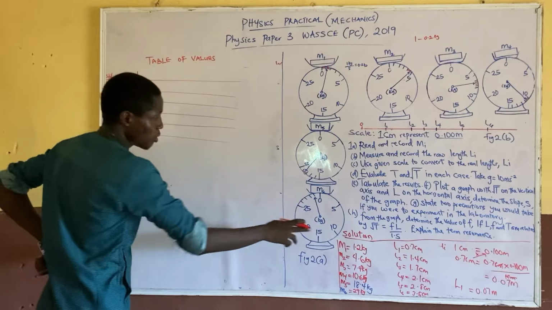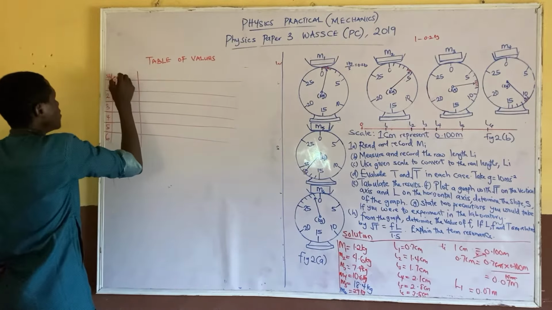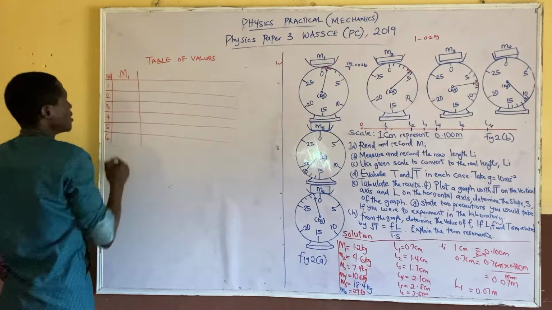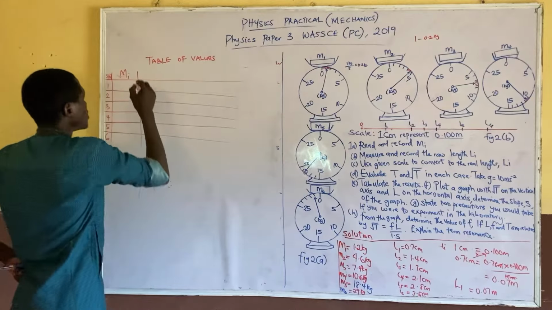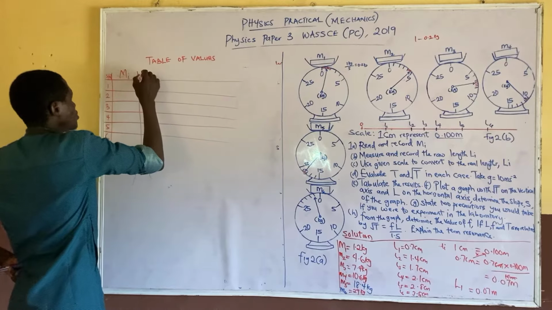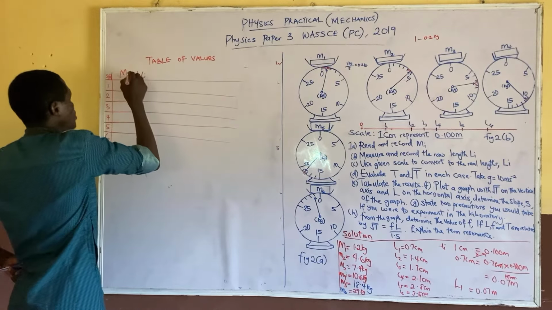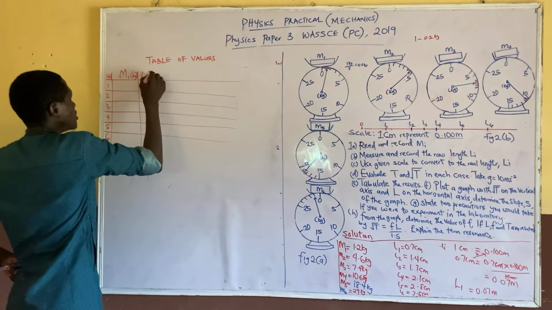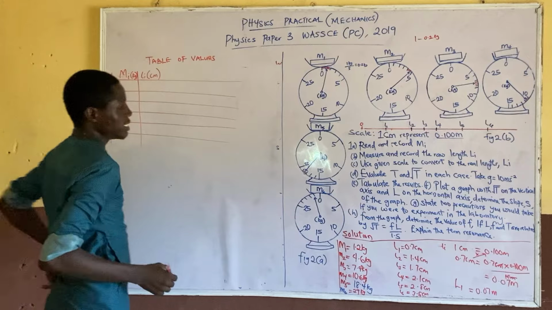The first entry we are asked to do is the Mi, and the next one is the small letter li. This one is in kilogram. Remember to include your units. Kilogram, and the li is in centimeter.